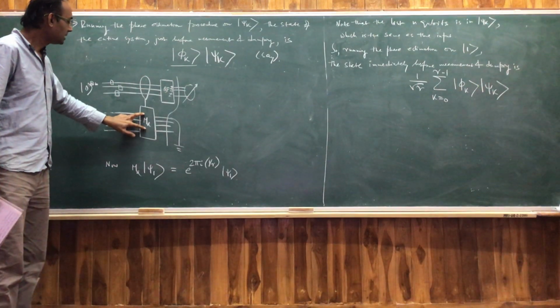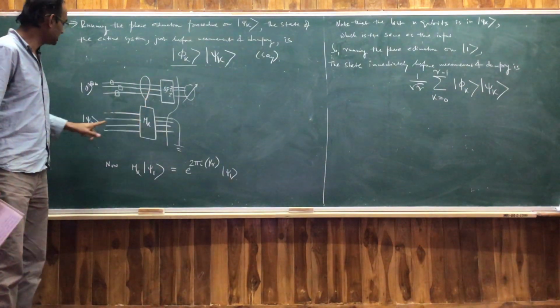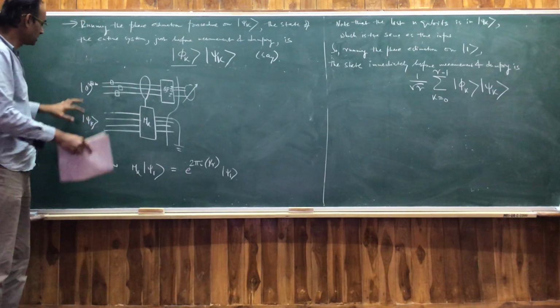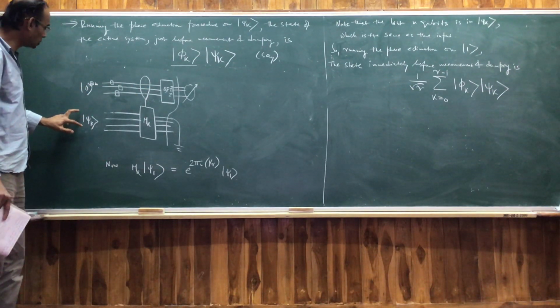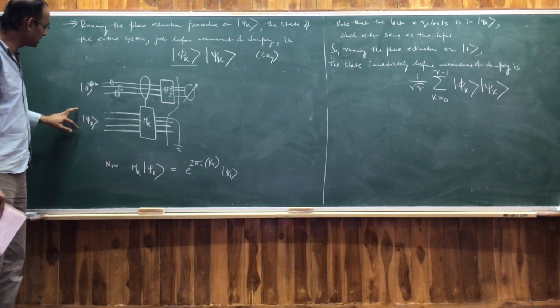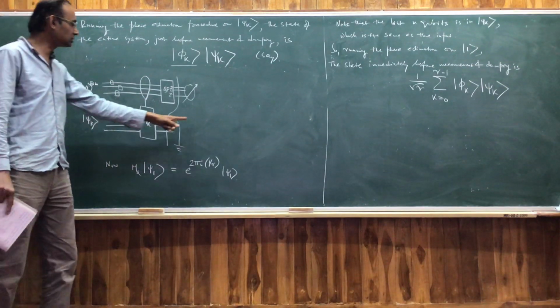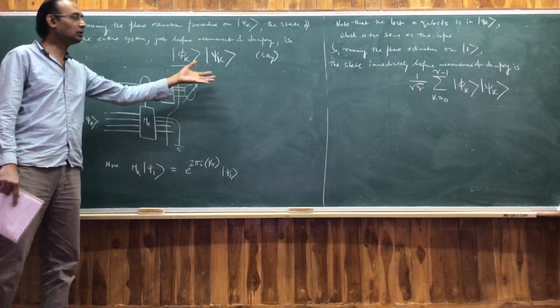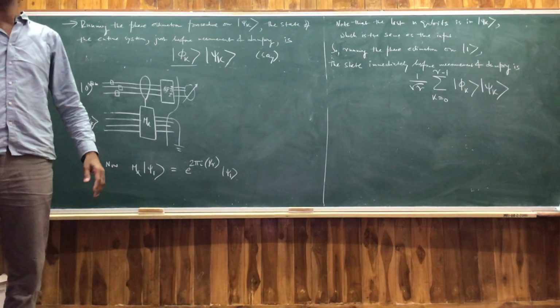In that machine, we know that if we put in the eigenvectors of this MA, then we will get out the same eigenvector, and we will be able to estimate the corresponding phase.